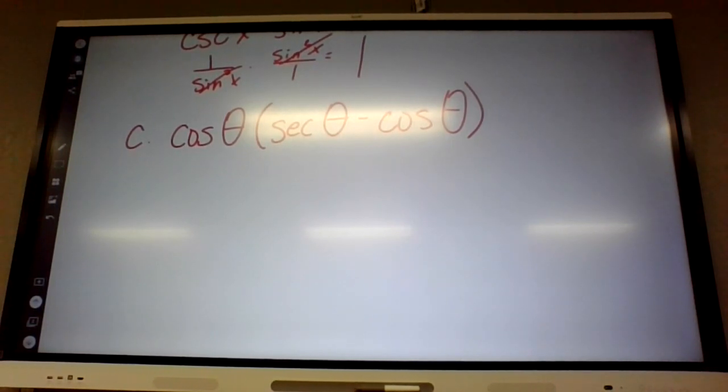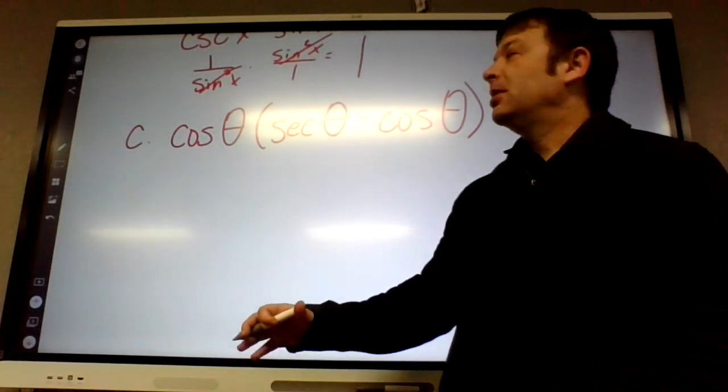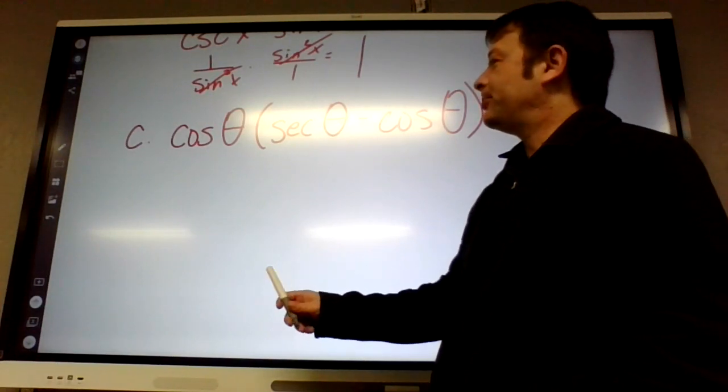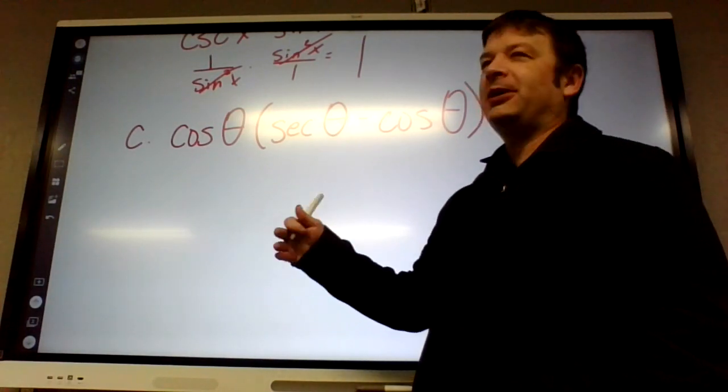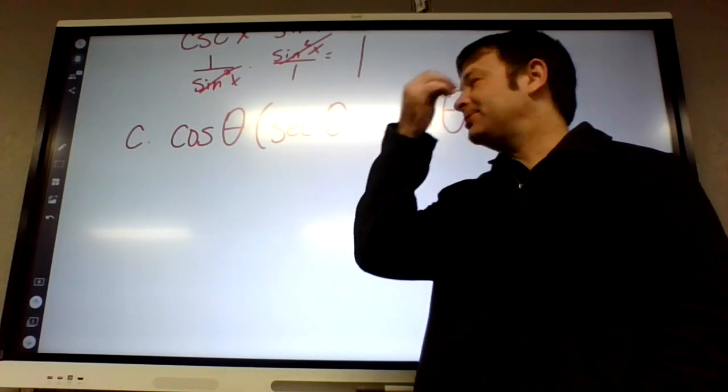Okay, any ideas for Why C? Give me a second. Any guesses what we might try? Those are reciprocals. They are, but that's not gonna help right now. What kind of problem does this look like if it was numbers and letters? Distribute.